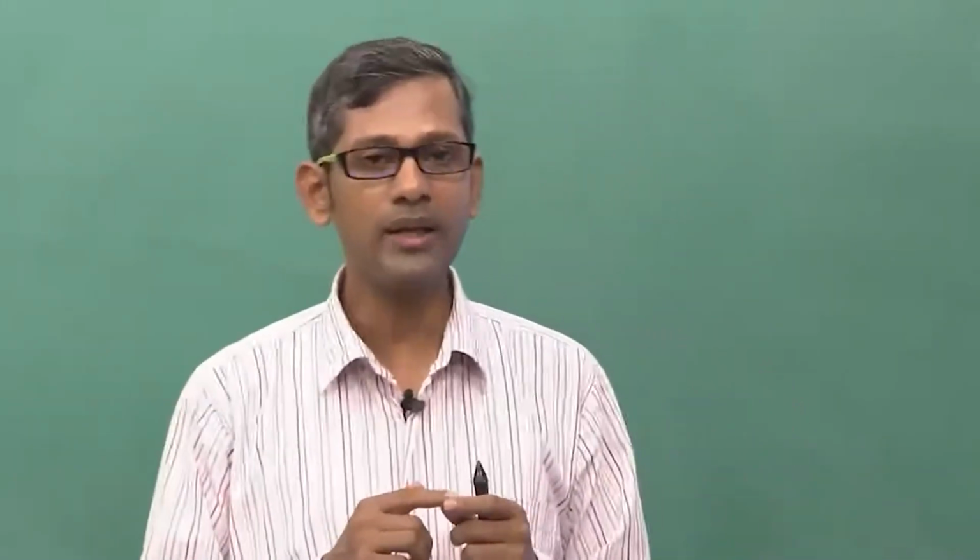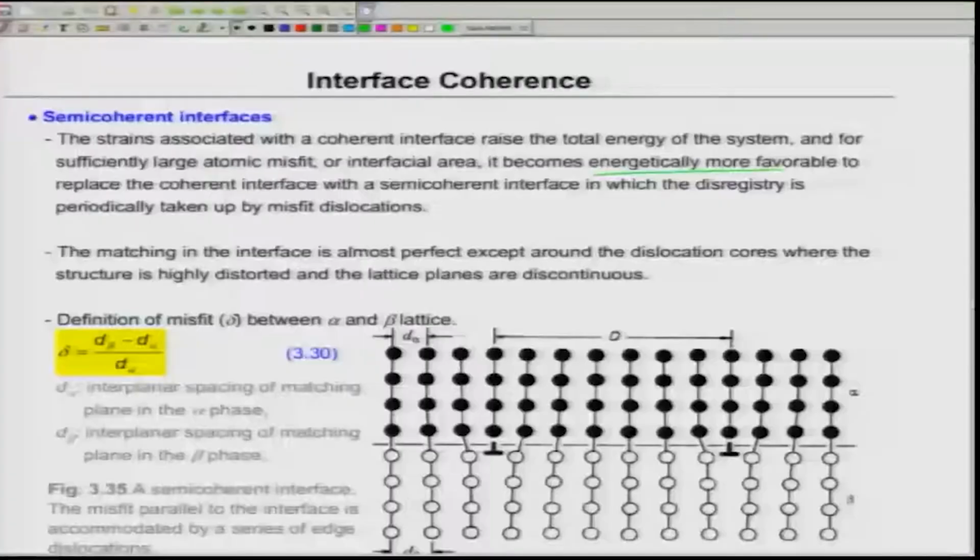So, you cannot actually accommodate so much strain in the distortion of the bonds. It is not possible. If the bonds are getting distorted too much across the interface, it is better for the system to create a few dislocations along the interface, so that this distortion can be accommodated. At other places a complete lattice registry can be maintained.